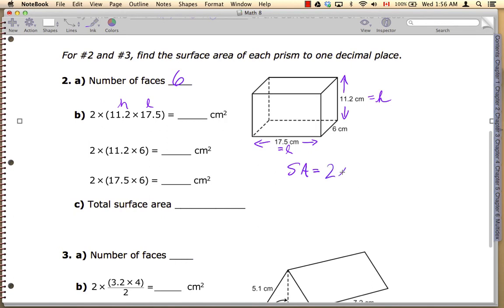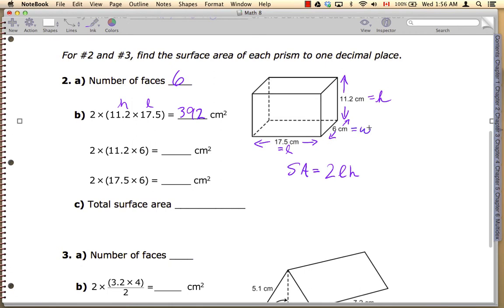And so 2 times length times height is a part of it. Now if you do that multiplication, you're going to get 392 square centimeters.